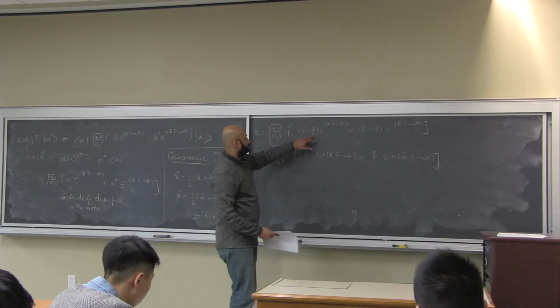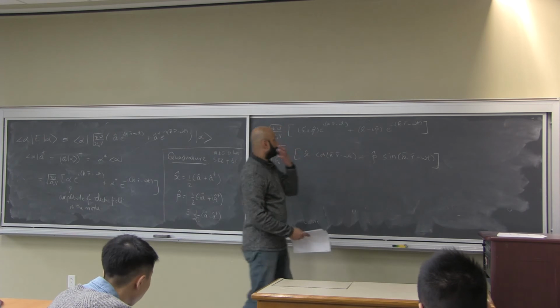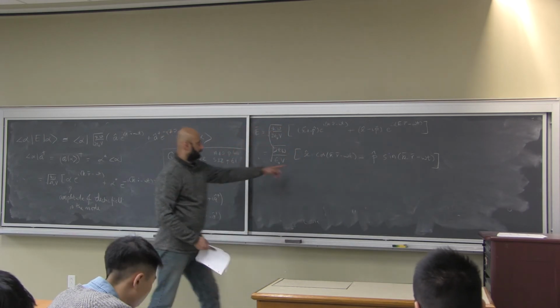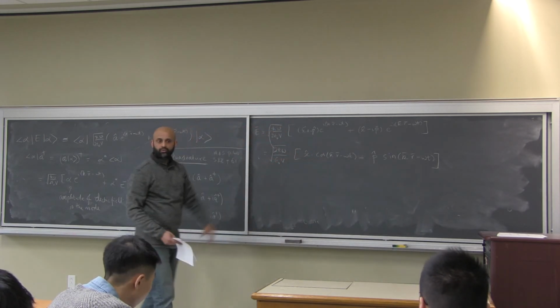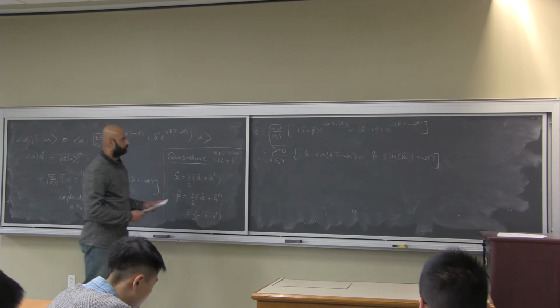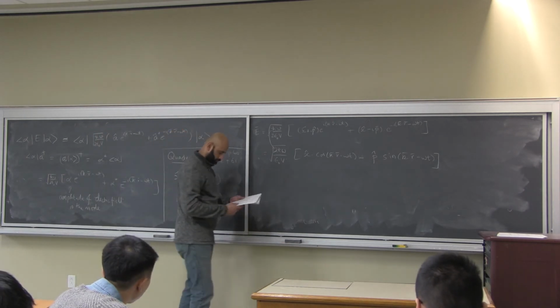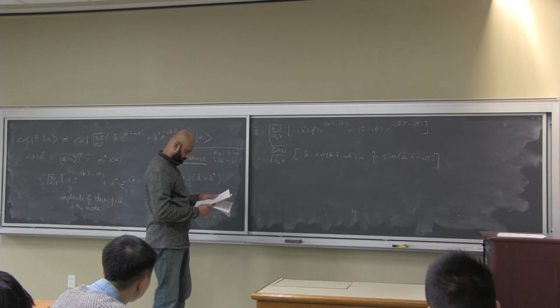Because x multiplies e to the I k dot r and e to the minus I k dot r, to write it in terms of cosine, I'll get a factor of 2 that comes out. And that gives me a factor of square root of 2 of k.